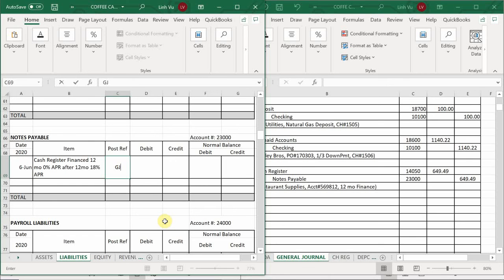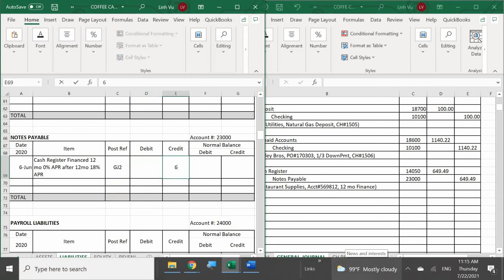Okay, once again, general journal number 2, and this time because it's a liability, and we're increasing our credits or increasing the debt that we owe, we are going to be crediting this account. And this account is going to be for the $649.49 because that is what I owe on my notes payable.